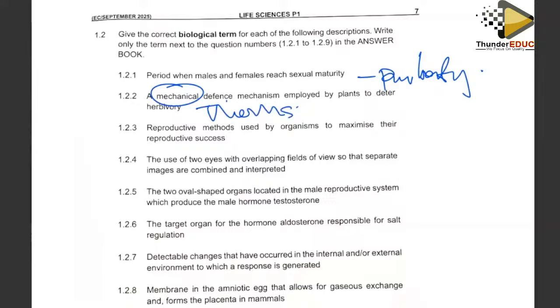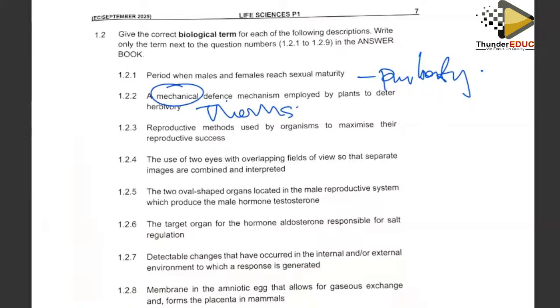Yes. Reproductive mechanism used by organisms to maximize their reproductive success. We call this thing a reproductive strategy. But I don't know why they use reproductive method.